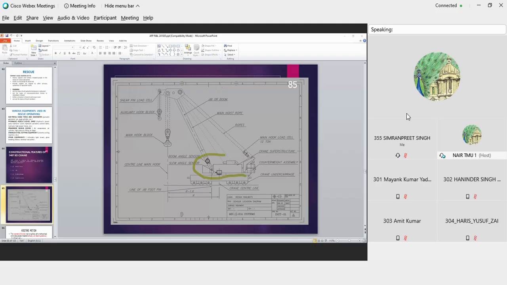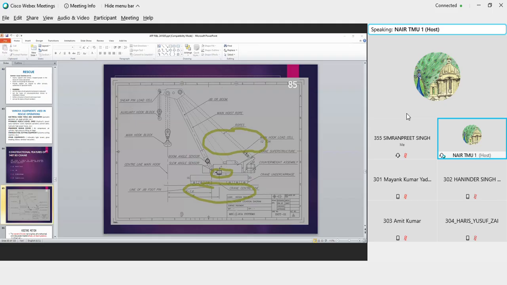The superstructure and the undercarriage are connected with the help of a slew gear. So there is a small gear which is permitting the superstructure to rotate by 360 degrees over this undercarriage. Now this is called a jib. This is basically the arm on which the hooks are placed.